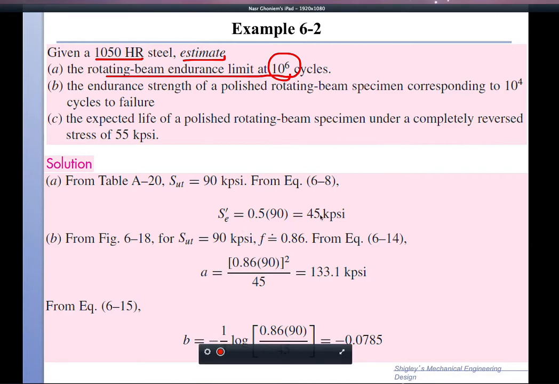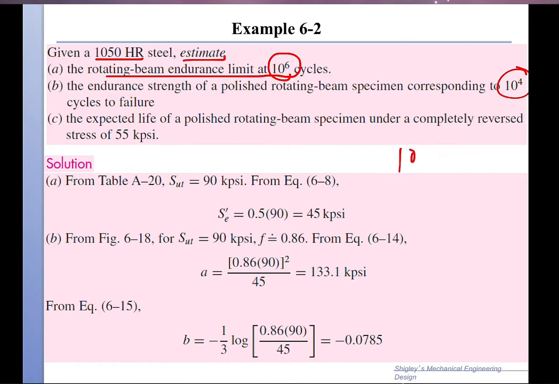So it's 45 kpsi. The second question is, what is the endurance strength of a polished rotating beam specimen corresponding to 10,000 cycles? In order to get there, I know that 10,000 cycles is greater than 10 to the power 3. So I have to use the equations for high cycle fatigue, and for those equations we need to find this factor f.